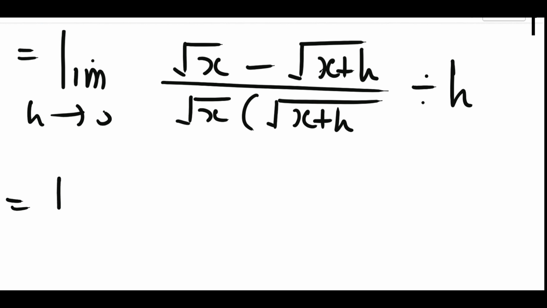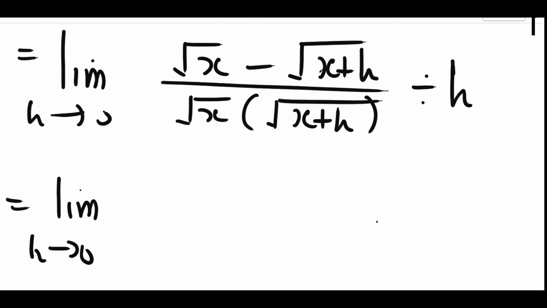We continue to simplify. You have the limit as h approaches 0. Then we could see that the numerator has one term minus another, so we can use the conjugate of the numerator to rationalize the given radical expression.